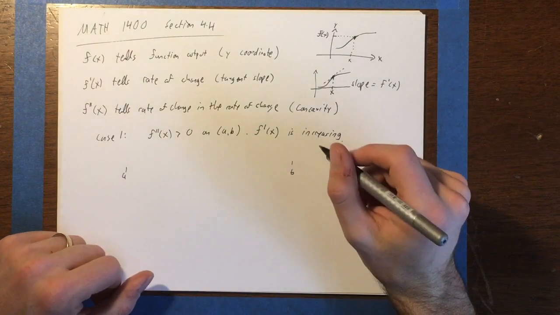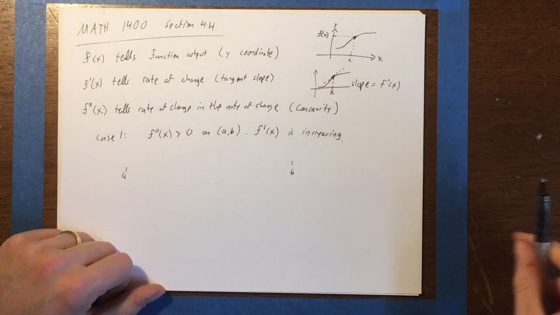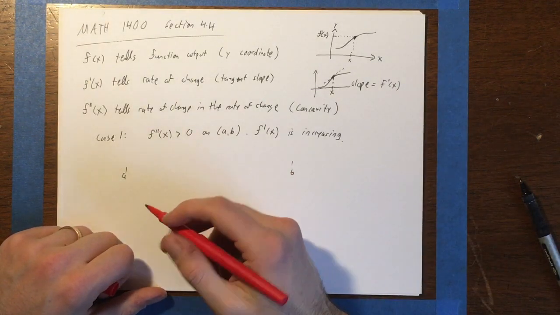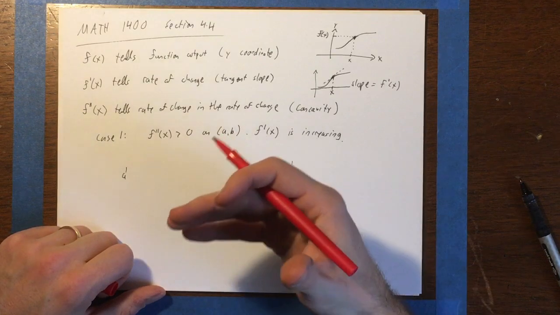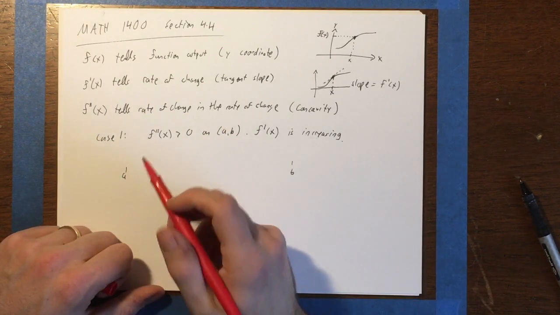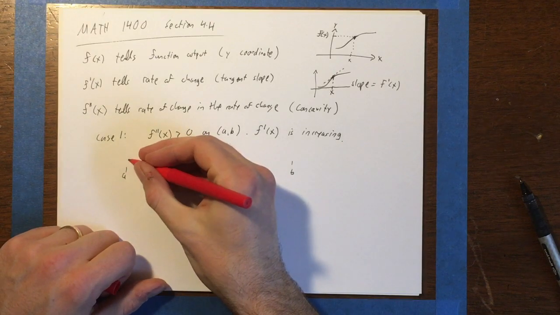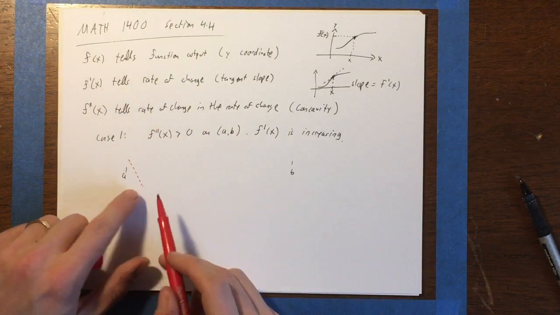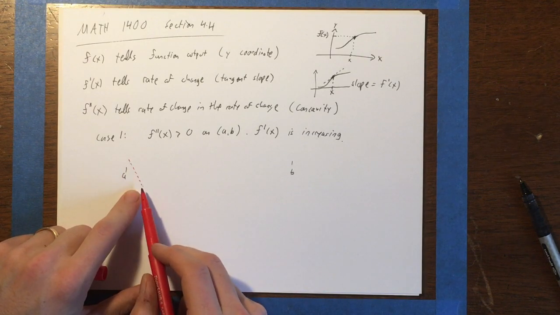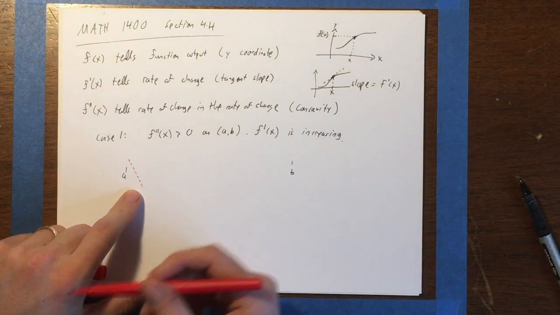If f prime is increasing, that means the slopes of the tangent lines are getting bigger. Not bigger in absolute value, but bigger as in further to the right along the number line. If you start with a steep negative slope, that would be a negative number, pretty far to the left on the number line.